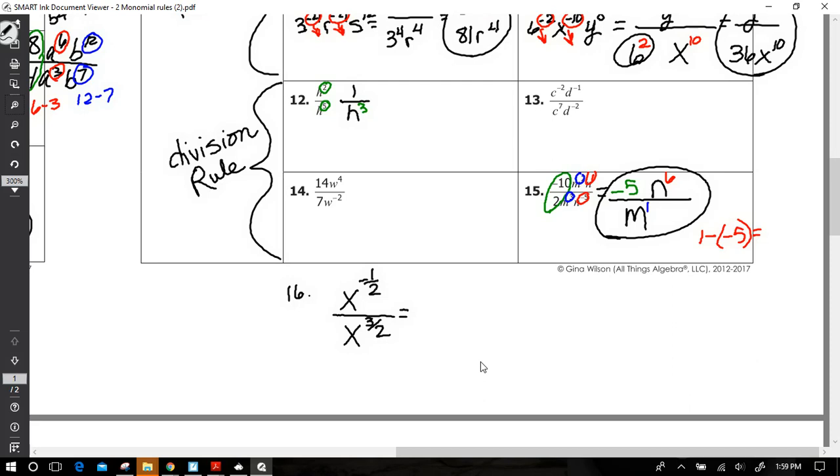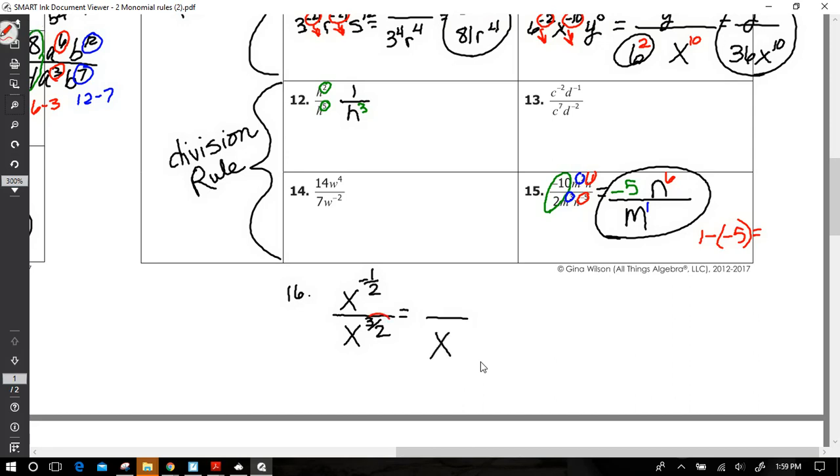So I have x to the negative 1/2, and I also have x to the positive 3/2 on bottom. So because positive 3/2 is bigger than negative 1/2, the x will stay on bottom.